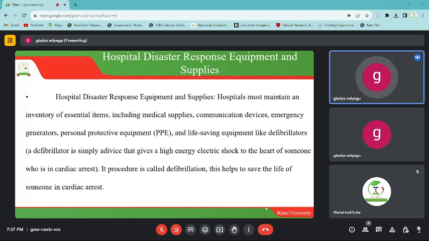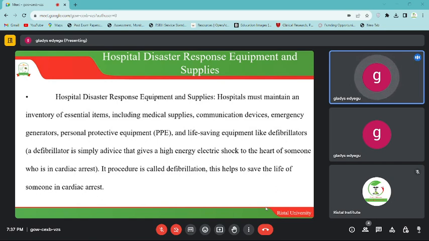And when you have this equipment, it can help awaken the heart, or make the heart function again. It is a procedure called defibrillation, and this helps to save the life of someone in cardiac arrest. So that equipment is a life-saving equipment that we should never ignore.